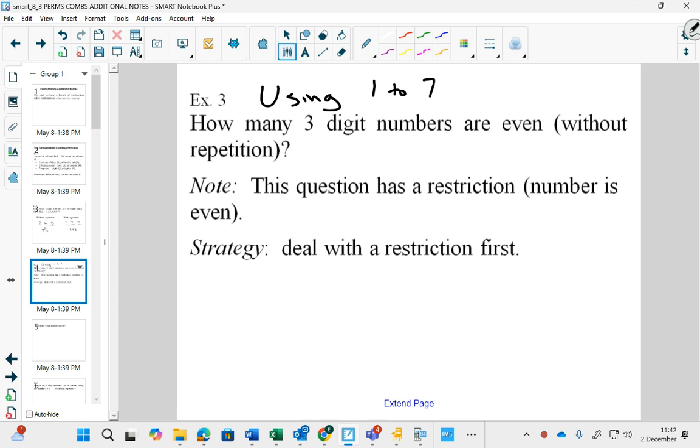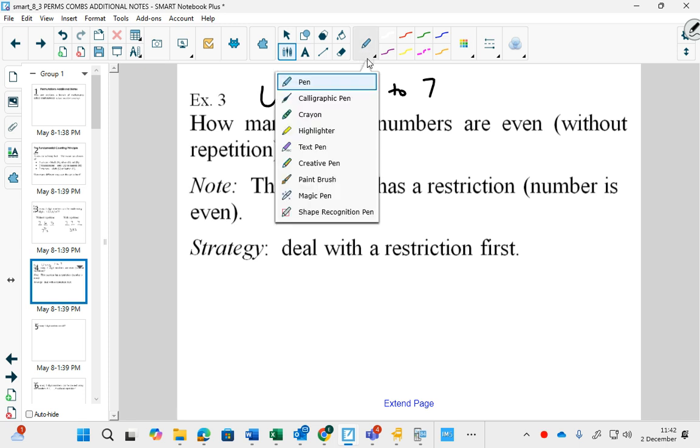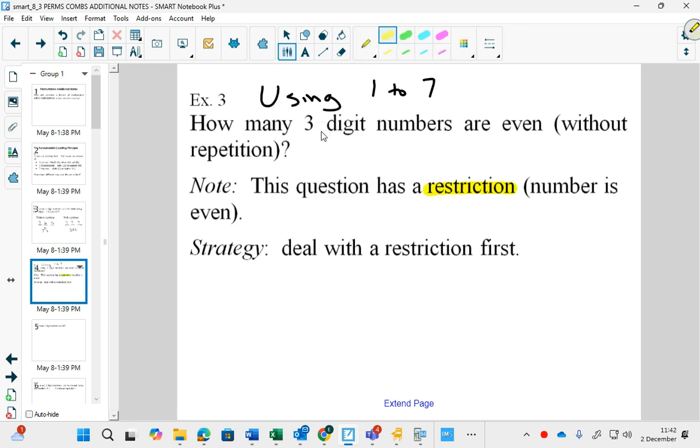So it's still a decisions question, but what we're going to do is introduce a restriction. You still have 3 decisions to make. What number's first, what number's second, what number's third. And I'm going to go through, don't write this down yet, a common mistake first and show why it's a common mistake.